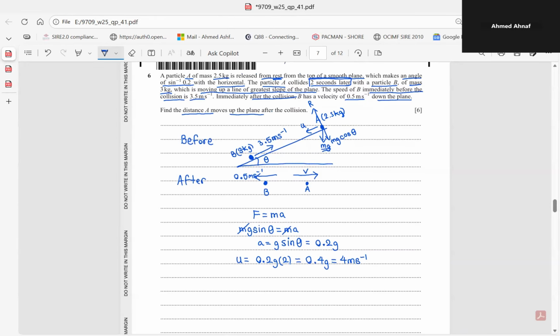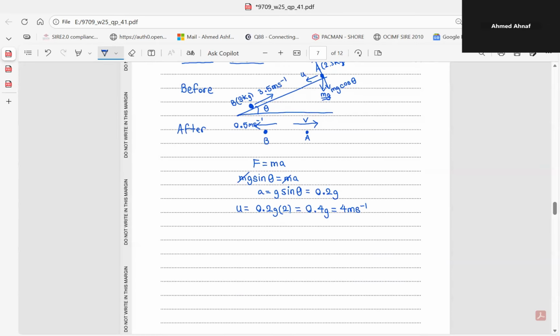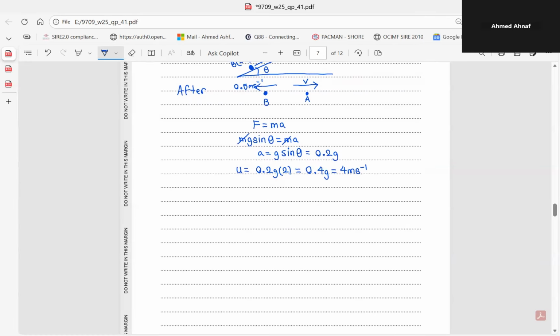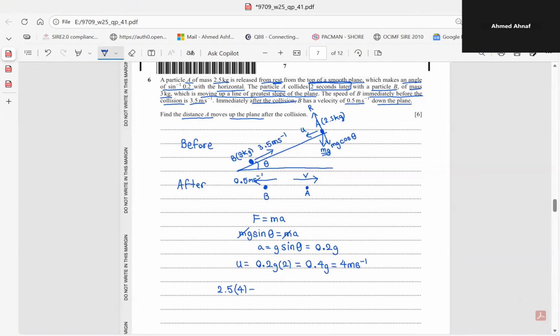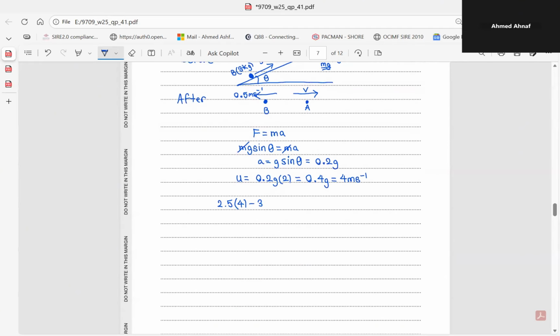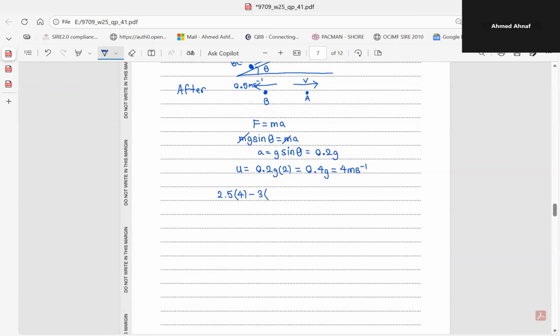Initially we have A moving down the slope, so m times u. So 2.5 times 4, minus, so B is moving up at that instant. So that is 3 times 3.5.